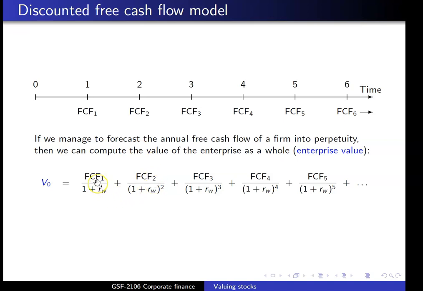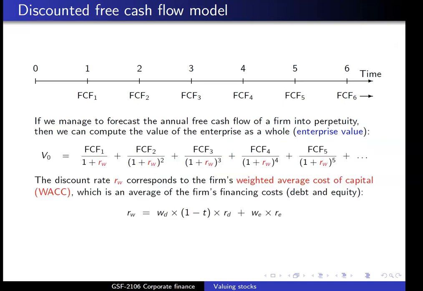We have calculated the free cash flow before expensing debt, before the debt repayment. So the discount rate we use to discount the future free cash flows is called the weighted average cost of capital. So the weighted average cost of capital is the average cost of capital for this company, the average of the cost of debt and the cost of equity.